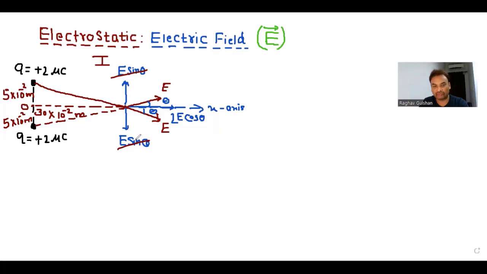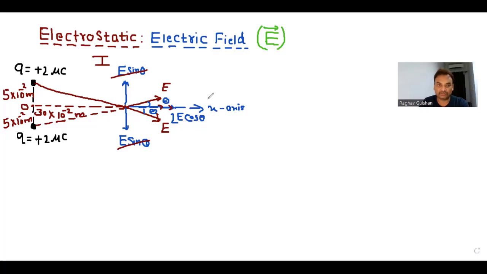Both are vertical; one is vertical up, the other is vertical down. So in this case, I can cancel these two vectors. But here I have two vectors, E cos theta and E cos theta: E cos theta due to the upper electric field, and again E cos theta due to the lower electric field. So finally, we have 2 E cos theta.